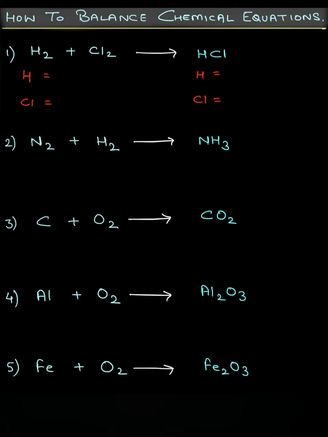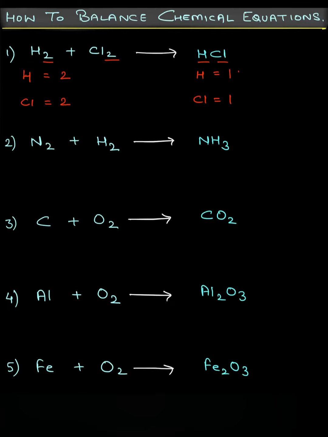Now we observe that on the left side two hydrogen atoms are present as well as two atoms of chlorine. So we have to write the number over here. Now on the right side we observe that there is only one hydrogen and one chlorine atom.